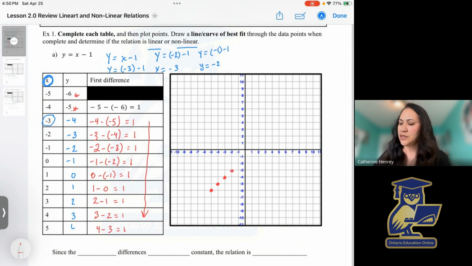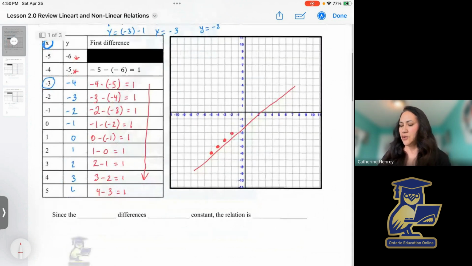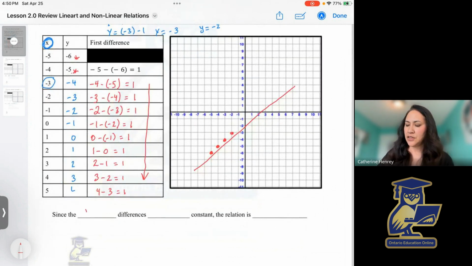So hopefully you can start to see the shape that this graph is coming up with. So we say since the first differences are constant, they're constant of 1, then the relation is linear.